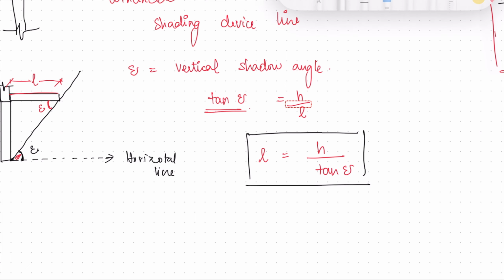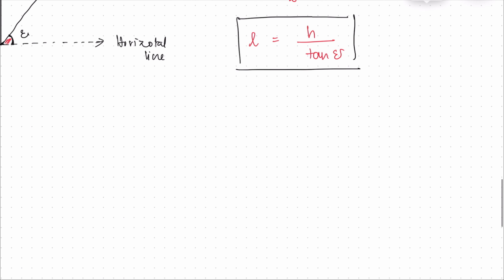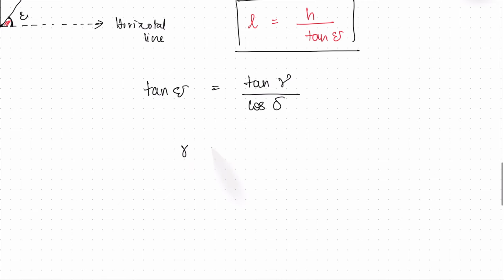Let's talk about that now. Tan epsilon can be written as tan gamma by cos delta, where gamma is your altitude angle, and delta is the horizontal shadow angle.